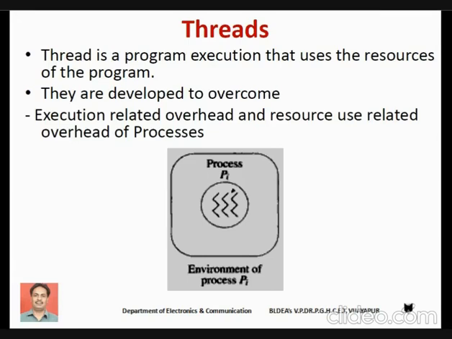Assume that right now process P1 is under execution, and you want to execute P2 because P2 has higher priority. In that case, the context of process P1 has to be stored at some place, and you have to reload the status of P2 for execution. Because once P2 completes, to take up the execution of P1 again, you require the context of P1, right? That's why we call it execution related overhead.